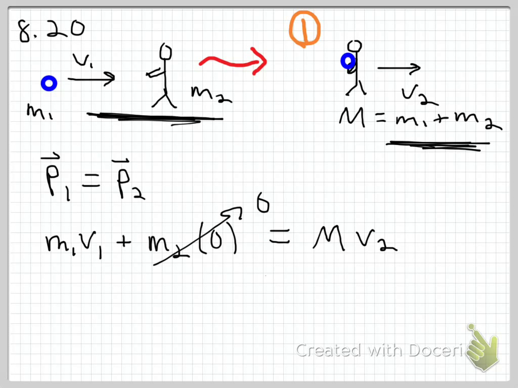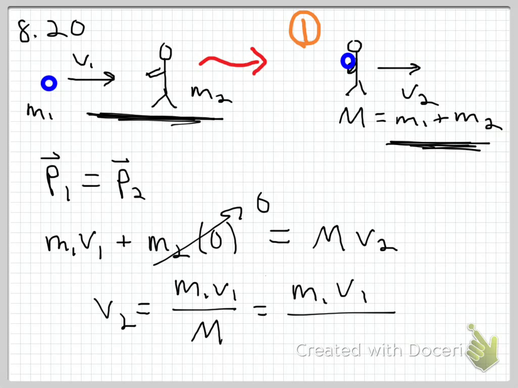So it's really just simple algebra here. v2 is going to equal m1 v1, the total momentum before the collision, over big M. If you want me to unpack that, of course I can: m1 v1 over m1 plus m2. As long as you've defined m1 plus m2 as this big M, you can use either one of these notations. It doesn't bother me. And so that's done. That's the first part of the problem.